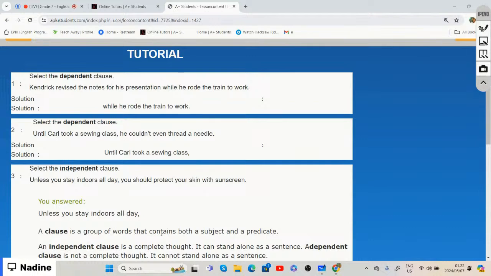Now we need to select the dependent clause. Until Carl took a sewing class, he couldn't even thread a needle.